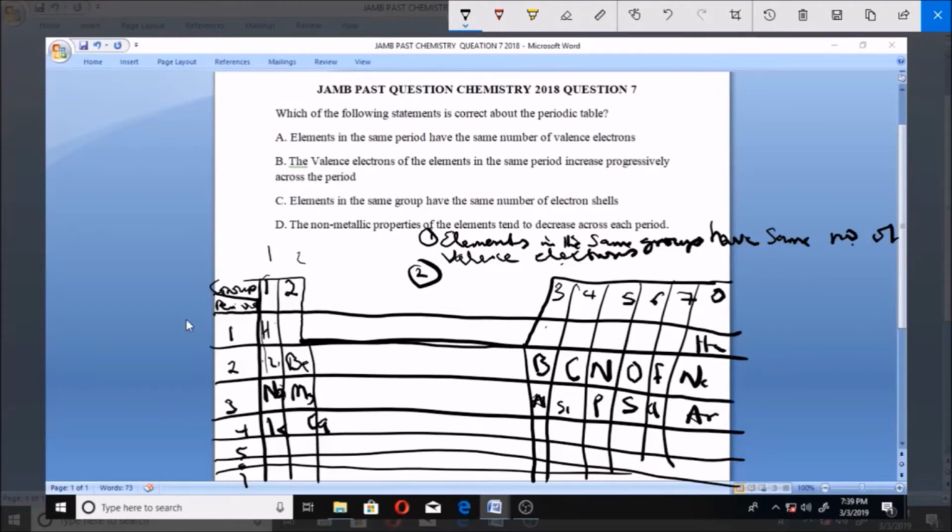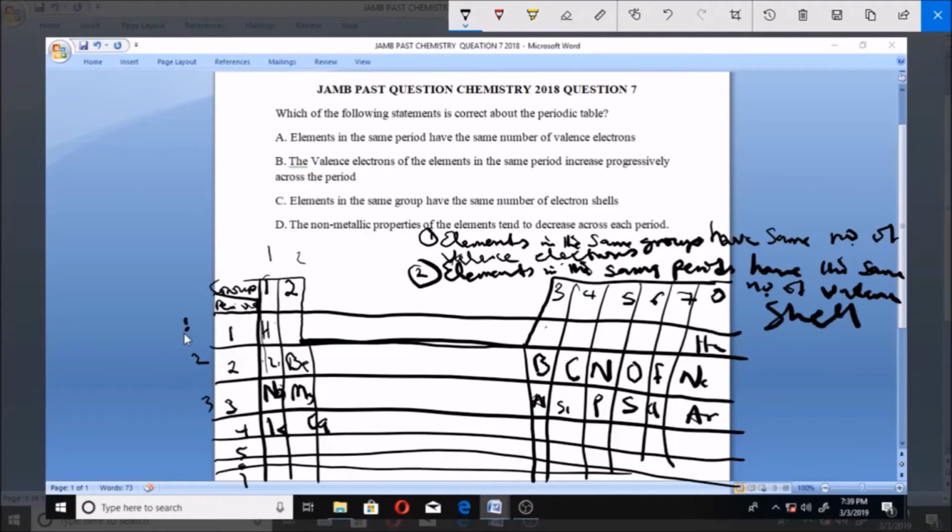Now number 2, elements in the same period. These are the periods, period 1, 2, 3 to 7. Elements in the same period have the same number of valence shells, not electrons, valence shells.